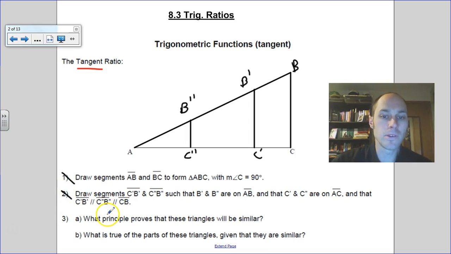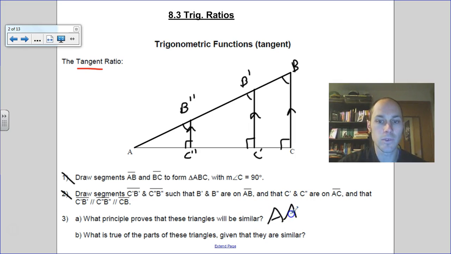Now, what principle proves that these triangles will be similar? We've got three triangles you can see, and hopefully through what we've learned already this year, you know that since these are parallel lines, we've got corresponding angles that are all congruent, and these are all 90 degrees, and they even share angle A. So by AA similarity, we know that those are going to be similar.